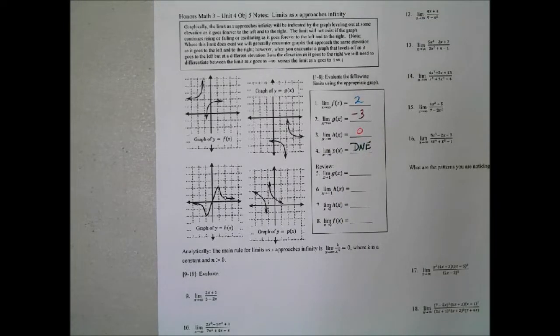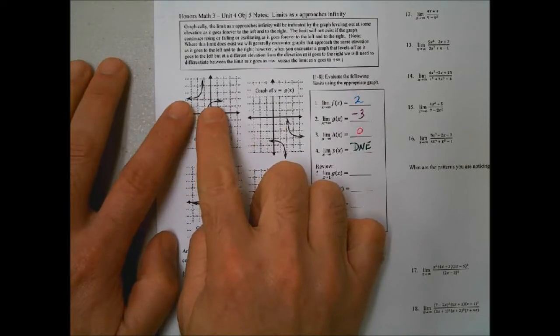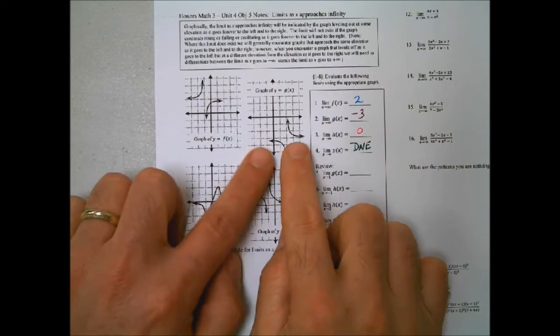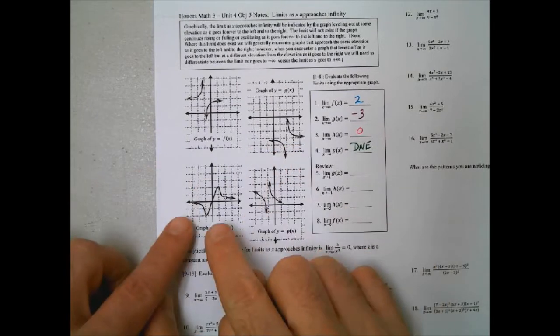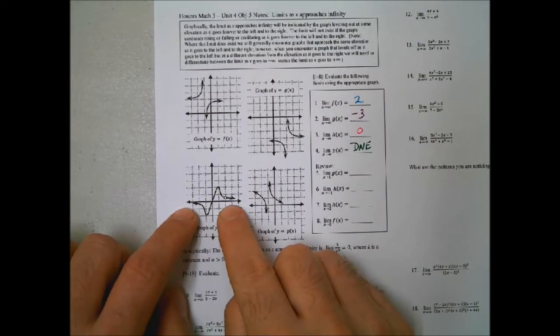Now, for the most part, we will be doing graphs where it levels out to the same elevation as we go to the left and the right forever. And that's mostly what we will be dealing with. That's not to say that that always happens in every function.